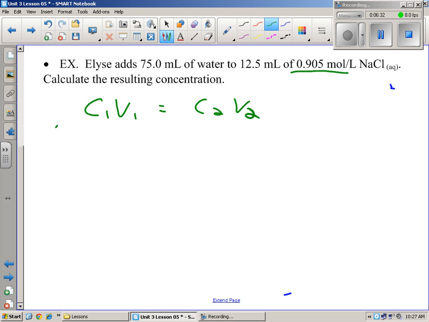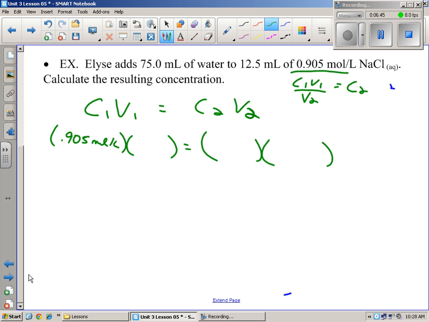So look, 0.905 would go here. I'm not going to solve for it, but if you guys want to, you can. You're looking for C2, by the way. So if you want to look for C2, it's really that formula there. I'm just going to put the numbers in. Hopefully that's okay for you guys. You're going to start with 0.905 molar and 12.5 milliliters of that.